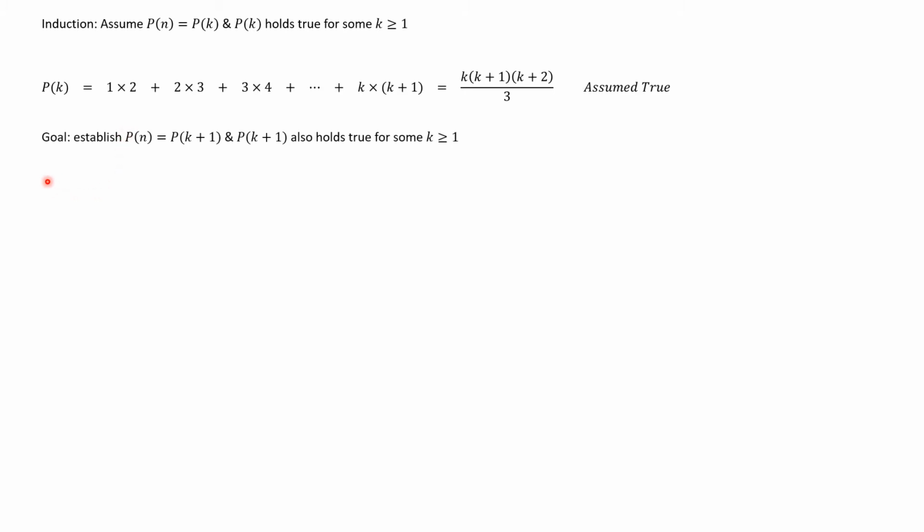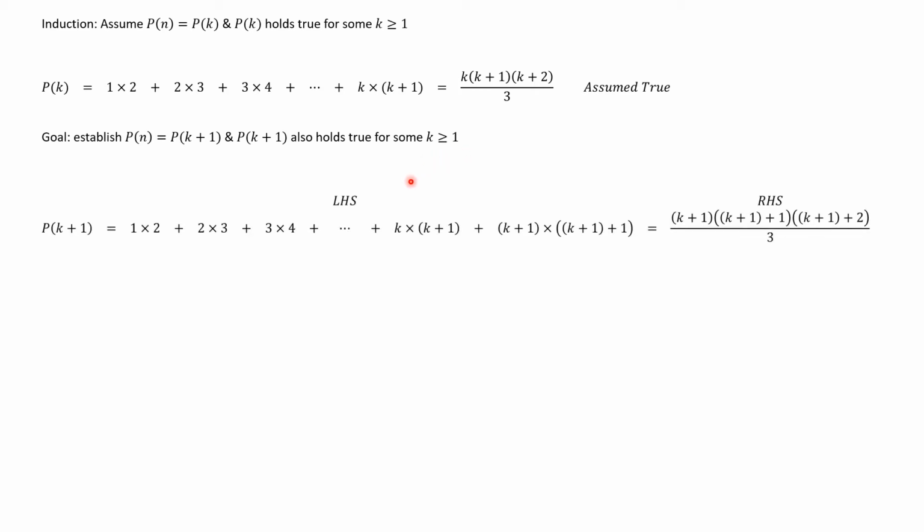So what is our goal going to be? We're going to establish that P of n is going to be equal to P of k plus 1, and P of k plus 1 is going to also hold true for some k greater than or equal to 1. So let's write out what P of k plus 1 would be.